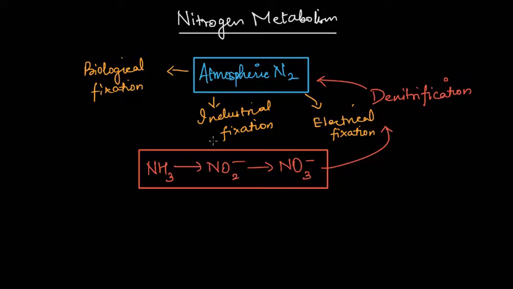Now, biological and industrial fixations give us the end product of atmospheric nitrogen as ammonia. They give us ammonia. And electrical fixation gives us nitrates directly. So now, in the biological world, these nitrates are taken up by plants and they get added to the plant biomass.